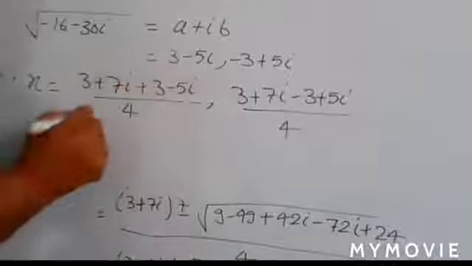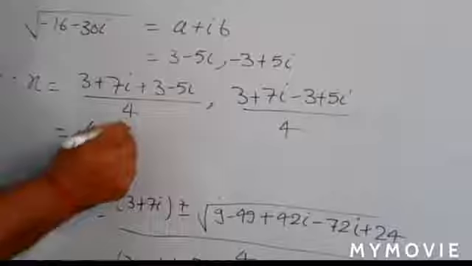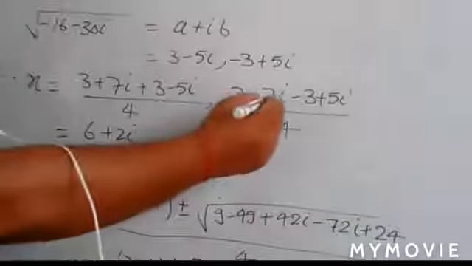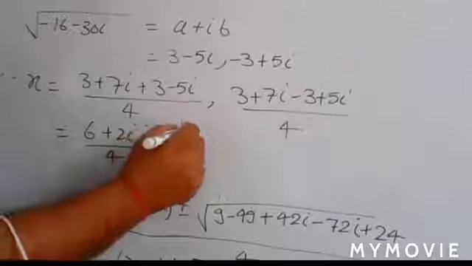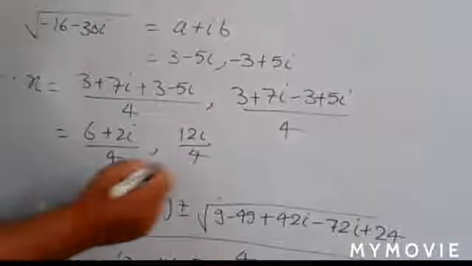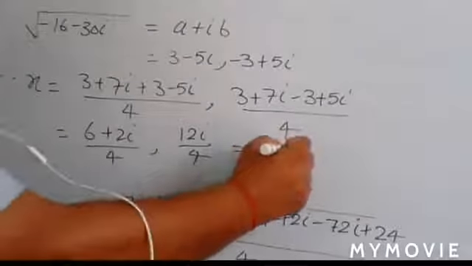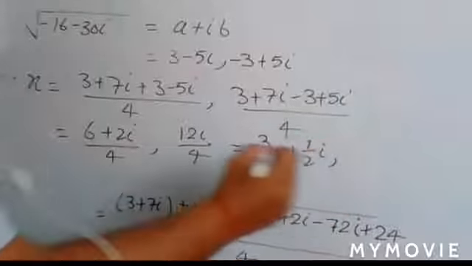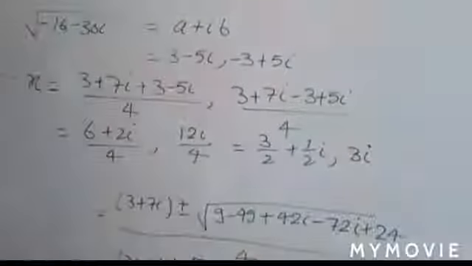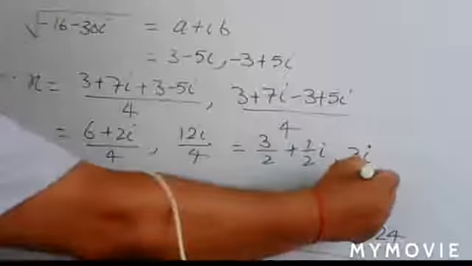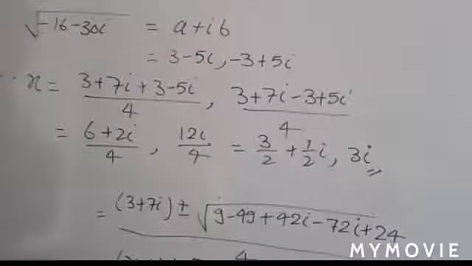Here you have 6 plus 2i by 4, and this value is 0 plus 12i by 4. Now simplifying it, taking 2 common, you have 3 by 2 plus 1 upon 2 times i, and your second result is 3i. So in this way you can solve it. I think you are all comfortable to solve the quadratic equation by using the quadratic formula. Yes sir, noted. Note all those steps.